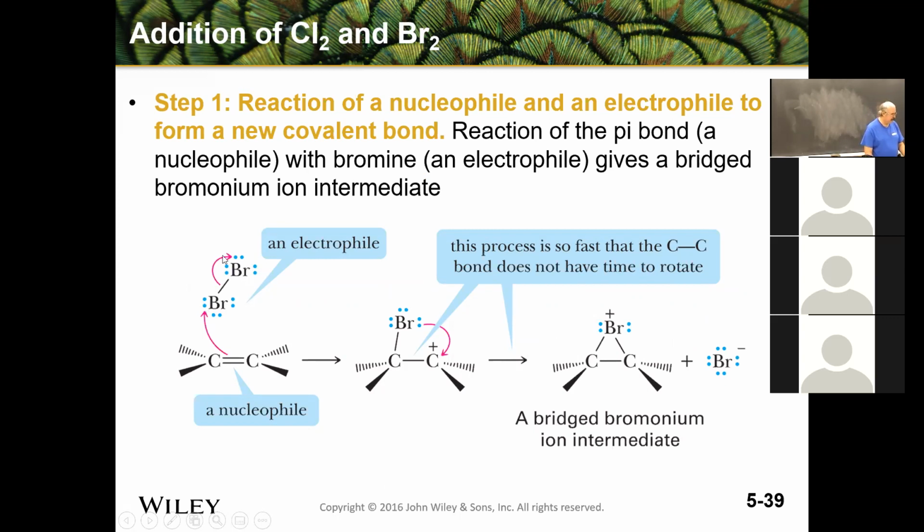The electrons are repelled over to the other side. So it attacks and forms this bond. The other bromine breaks off to form a bromide ion. And then bromine attacks the carbocation and forms this three-membered ring. This is called a bromonium ion, or if it's chlorine, it's a chloronium ion.